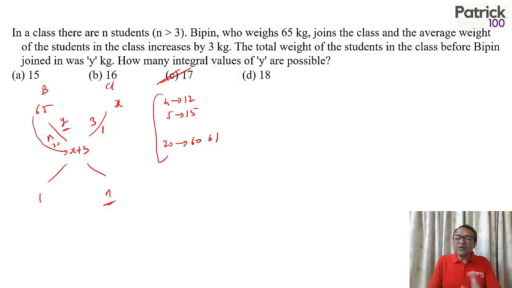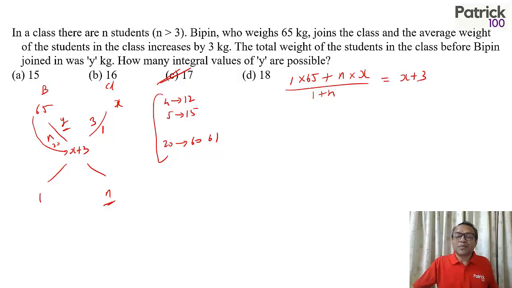This is if you are comfortable with reverse allocation. You can do it with a normal equation as well. So Bipin 65 kgs plus, let's say there are N boys who are already there, and the average is X. Divide by 1 plus N, which will give you the new average, X plus 3.